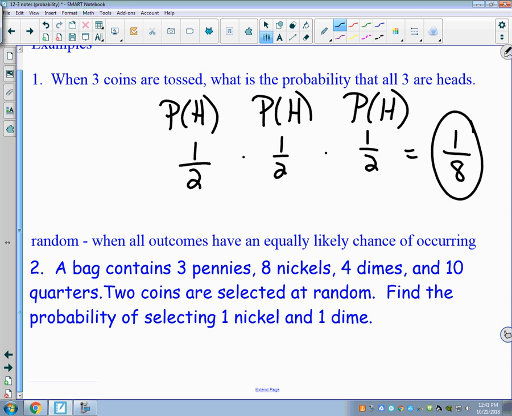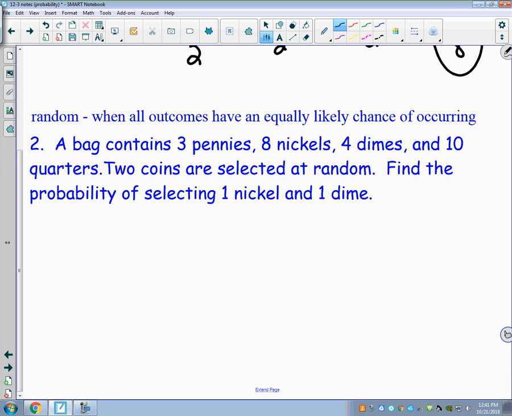Random is when all the outcomes have an equal likely chance of occurring, which should happen unless someone's cheating. So this one says a bag contains coins, and 2 coins are selected at random, so that means there's no cheating involved. Find the probability of selecting 1 nickel and 1 dime.